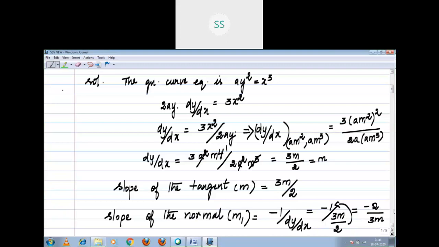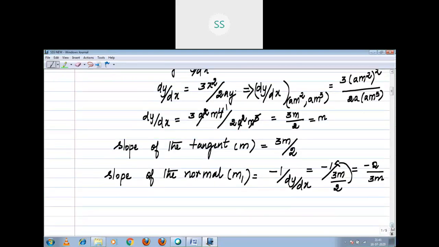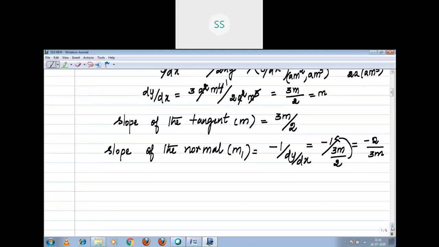The point is there, (am², am³). You want to find the equation of the normal, right? Equation of the normal, one point slope form. You have to recall. Equation of the normal: y − y1 = m.